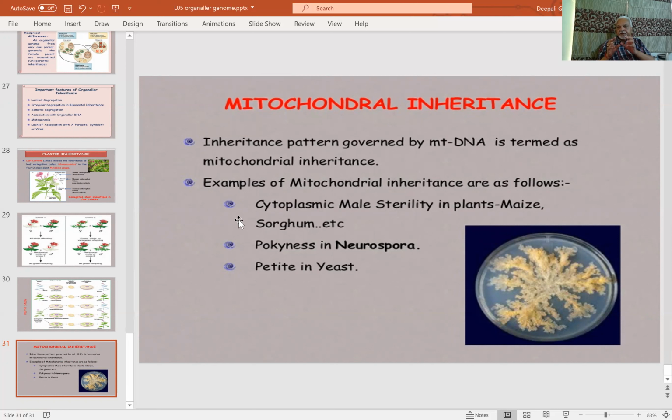So I'm specifically looking at the genes which may be involved in trait modifications, not the functional part of it. As I mentioned, both genomes have many genes which help these organelles perform their functions of respiration in mitochondria and photosynthesis in chloroplasts. And so with this, I come to an end of this topic.